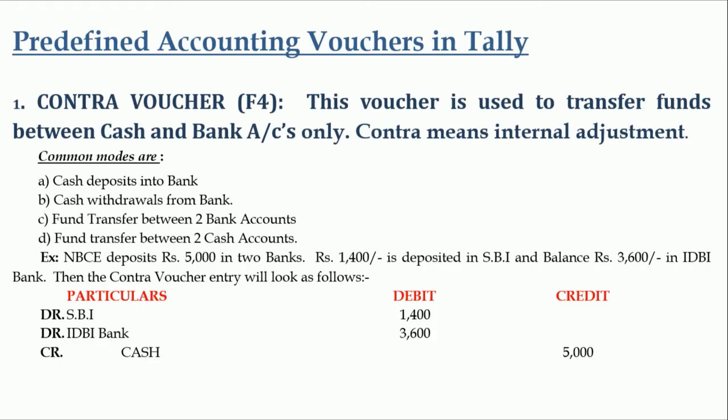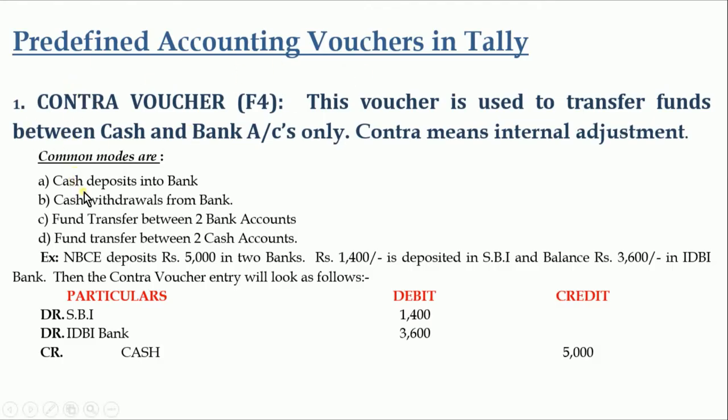It may be cash to cash, bank to bank, cash to bank, or bank to cash. There are 4 modes. Cash to cash, cash to bank, bank to cash, and bank to bank transactions can be achieved by using a contra voucher.